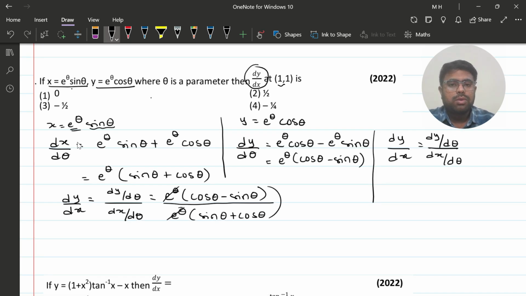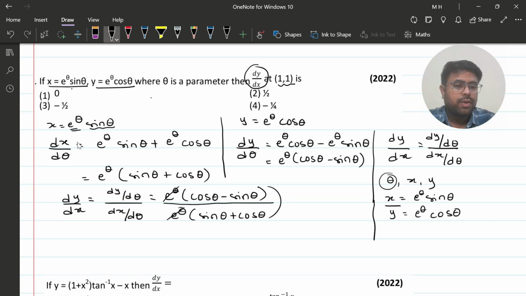Now they are saying x equal to 1 and y equal to 1. Here you can see we just have theta. We neither have x nor y. But we will first have to create a relation between theta, x and y, and then only we will get the value of theta. They have given x equal to e raised to theta sine theta and y equal to e raised to theta cos theta.